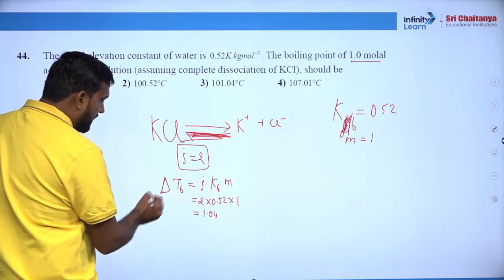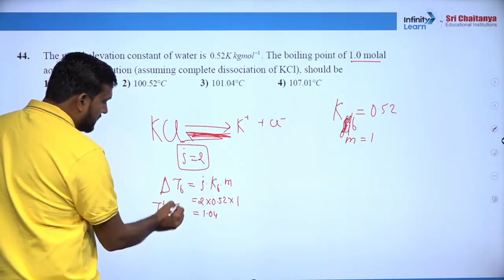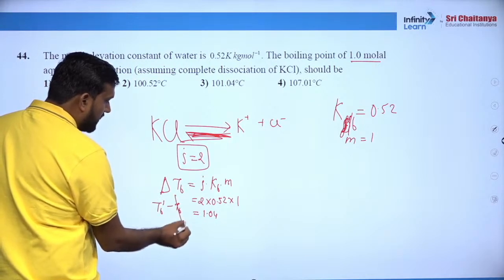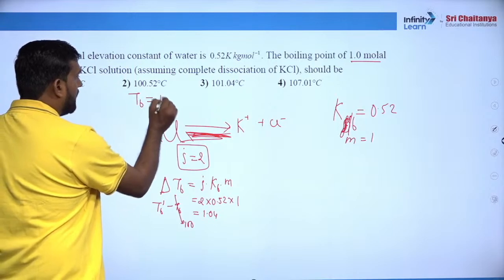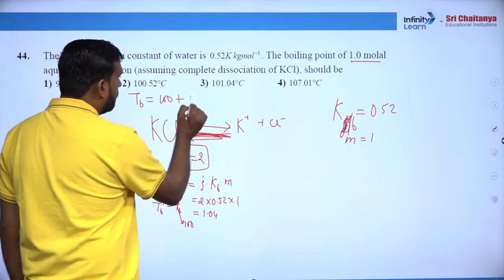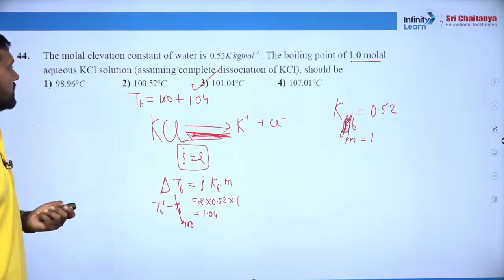We can write delta Tb as Tb dash minus Tb, and the normal boiling point is 100. So Tb dash will come out to be 100 plus 1.04, which is option number 3. This is the correct solution.